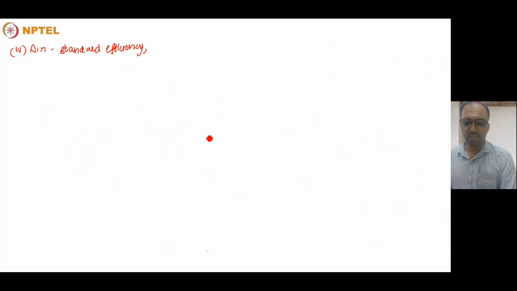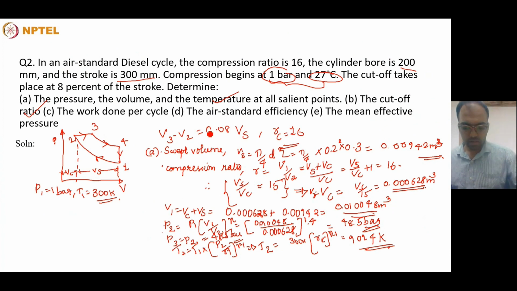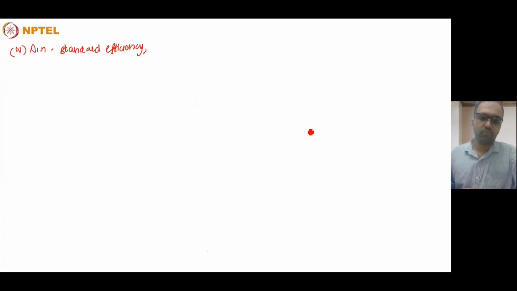So the air standard efficiency can be calculated for the air standard diesel cycle as the work produced divided by the heat input.